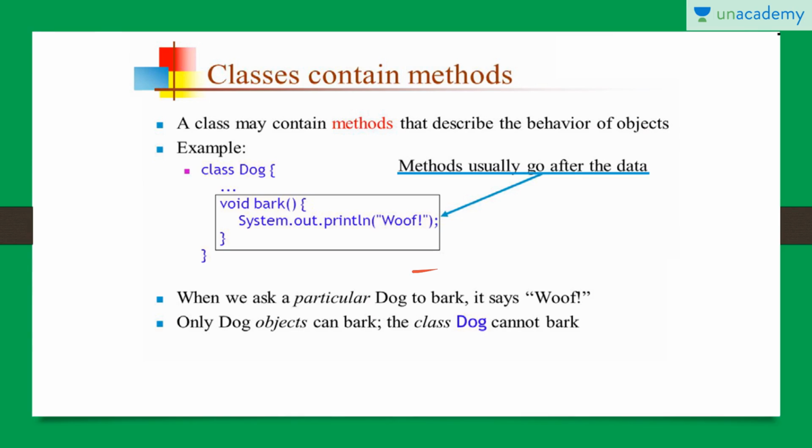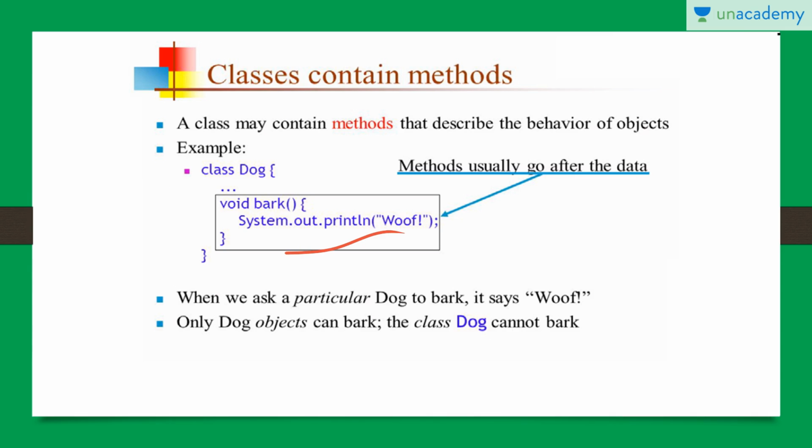We can call this method using the object of this class, and it will print woof on screen. So only dog objects can bark. The class cannot bark, because a class has no significance without its object. So we have to create the object of this class, then we can call this function. Otherwise it will not work.